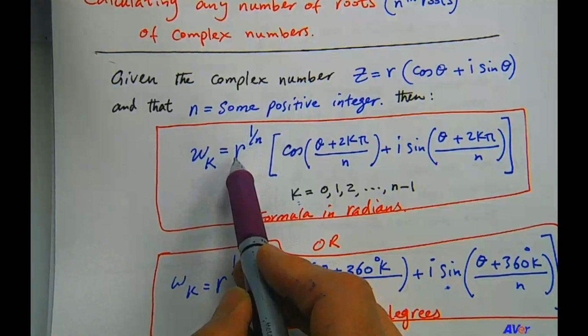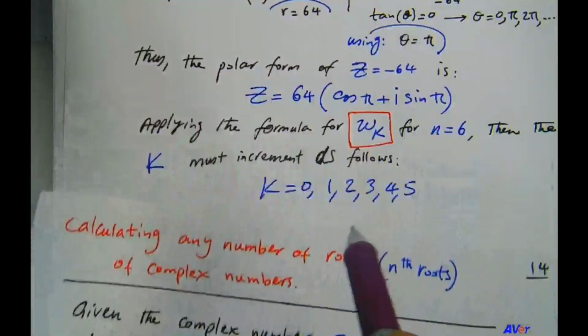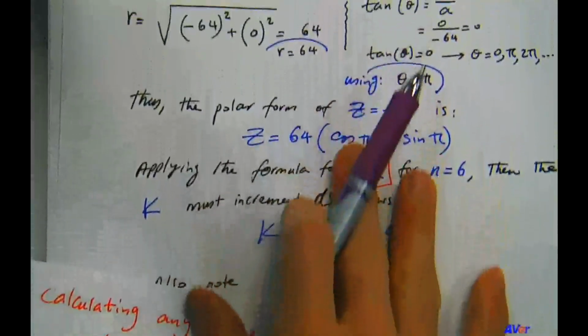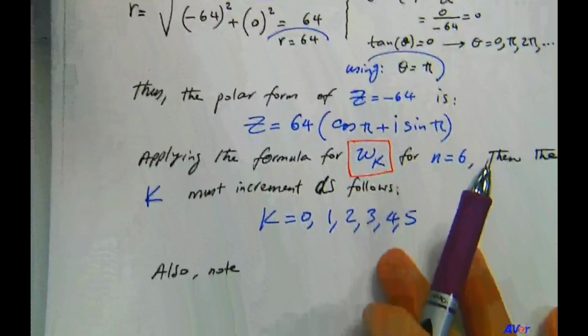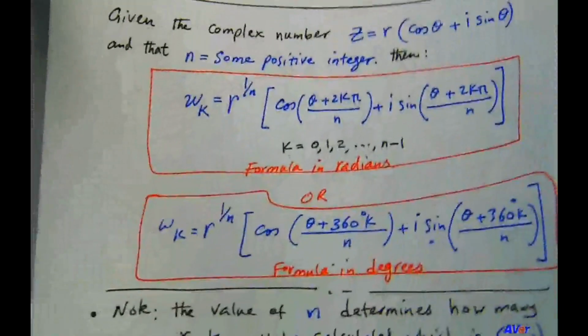In our case, r was 64, raised to 1 over n, 1 over 6 in our case.